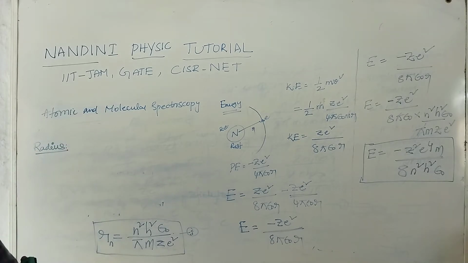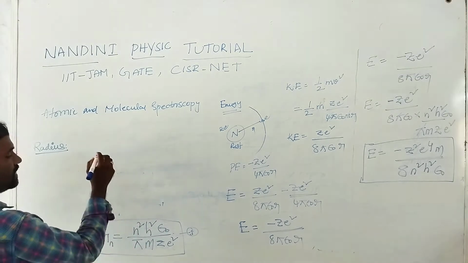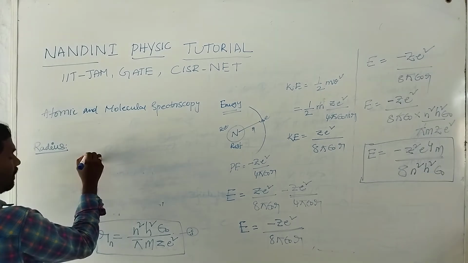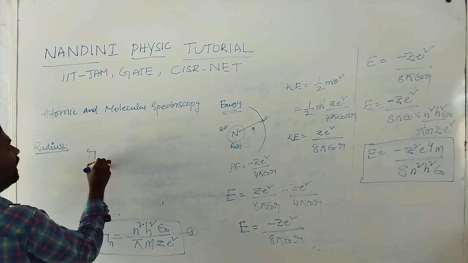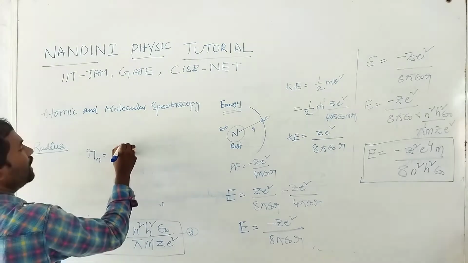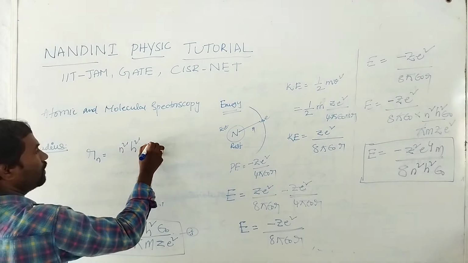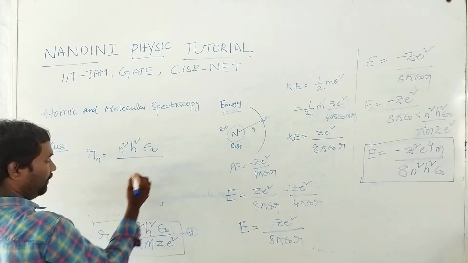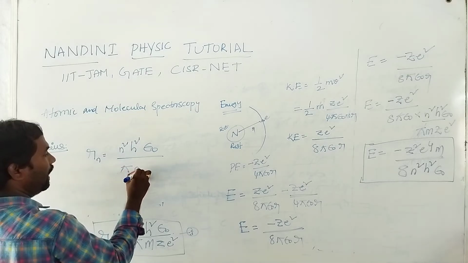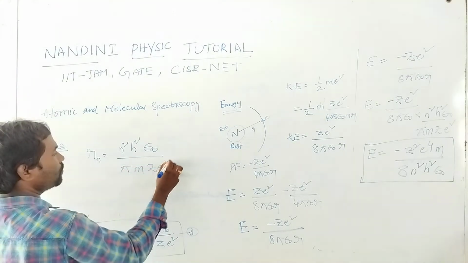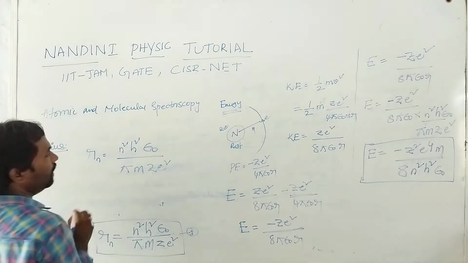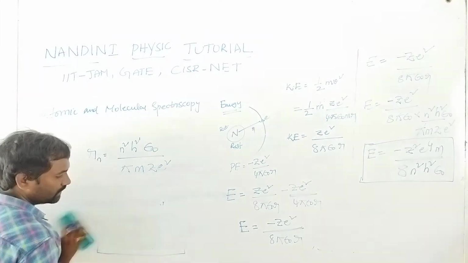So that radius equation is nothing but r n is equal to n square h square epsilon naught divided by pi m Z e square. Okay, so this is the radius equation.